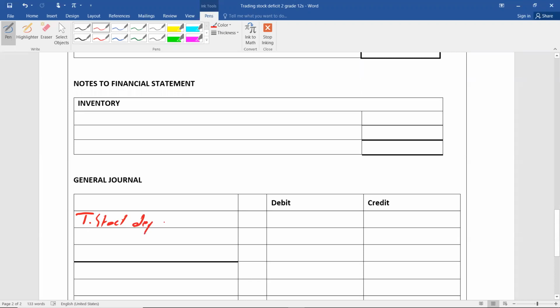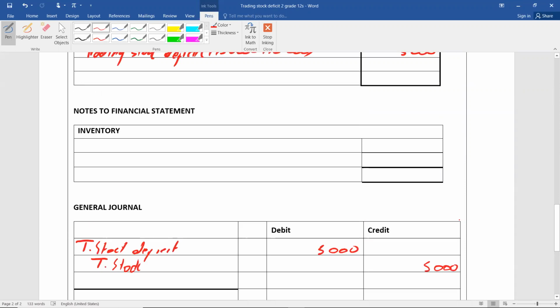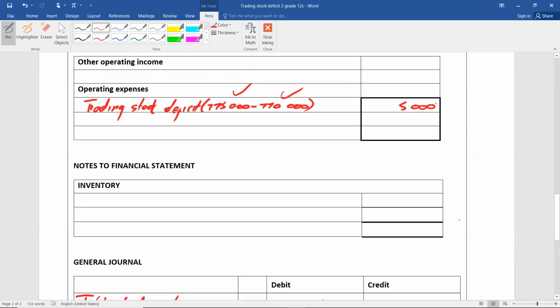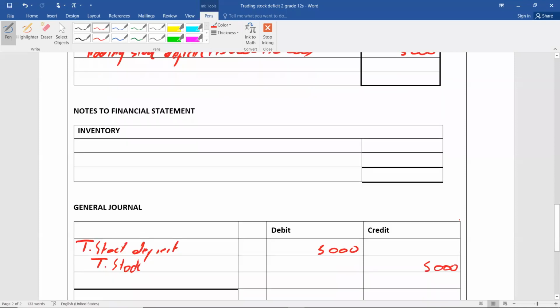Because it's an expense, I am going to debit it, for the amount of 5,000. And then I am going to credit my trading stock by the same amount, 5,000. Trading stock must go down from 775,000 to 770,000. That is why I'm reducing my trading stock by 5,000.